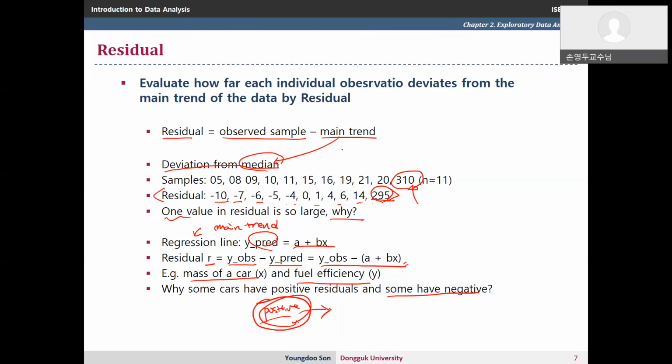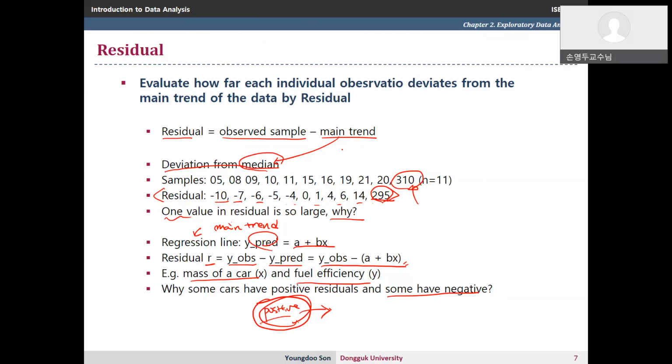If we use the regression analysis, the regression line can be a main trend, and some other things. For example, if we assume some model, then that model can be a main trend, and the error between the observed sample value and the predicted value by the model can be also treated as residuals.